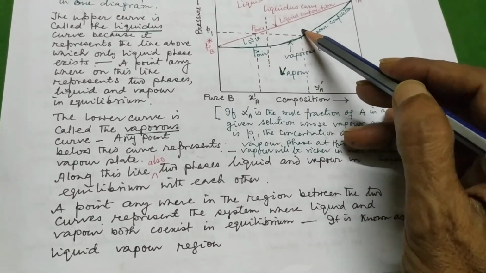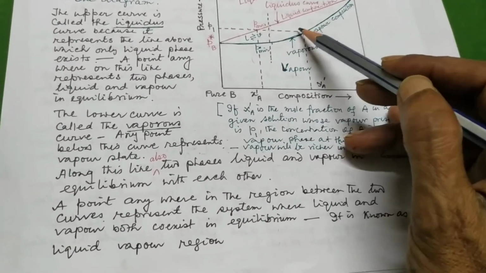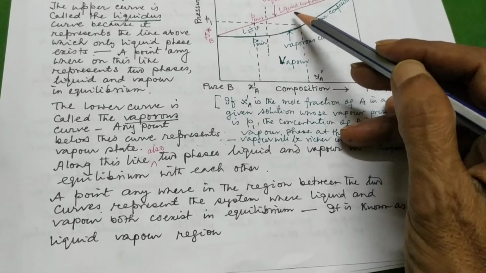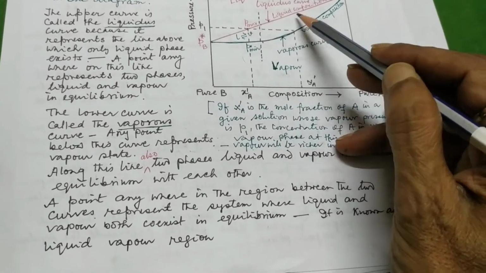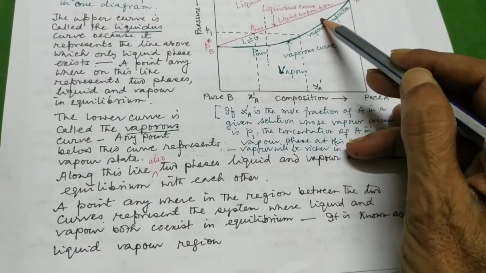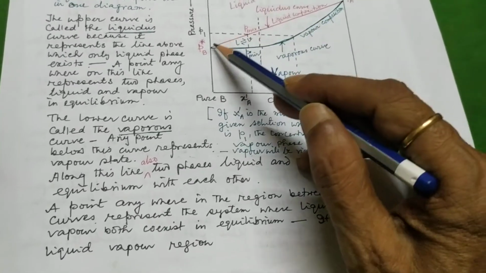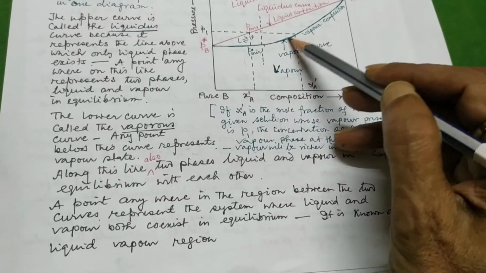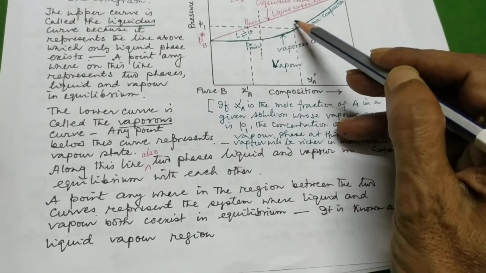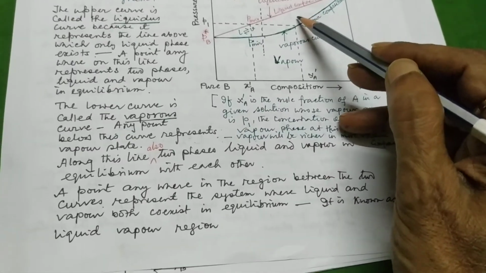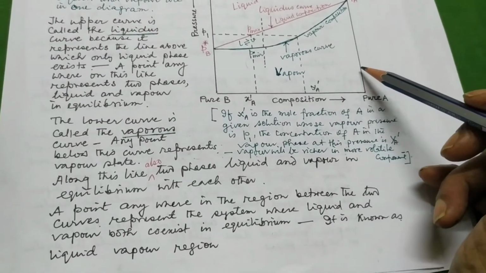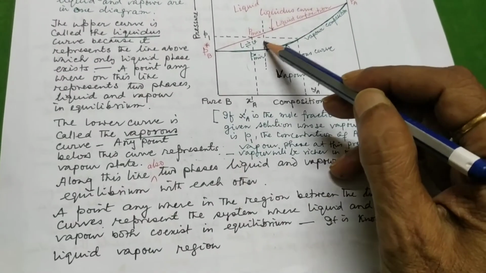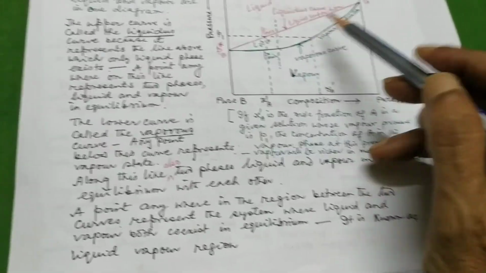A point anywhere in the region between these two curves represents the system where liquid and vapor both coexist in equilibrium. It is known as the liquid-vapor region.